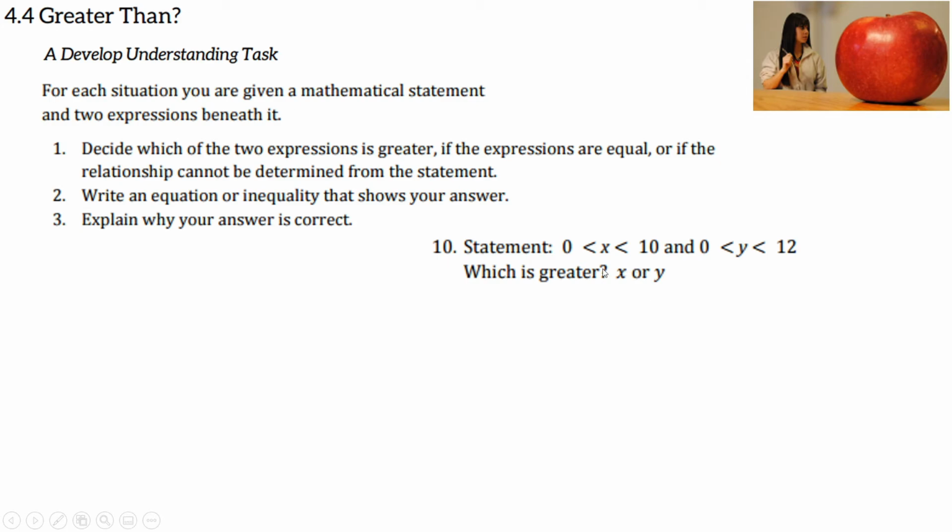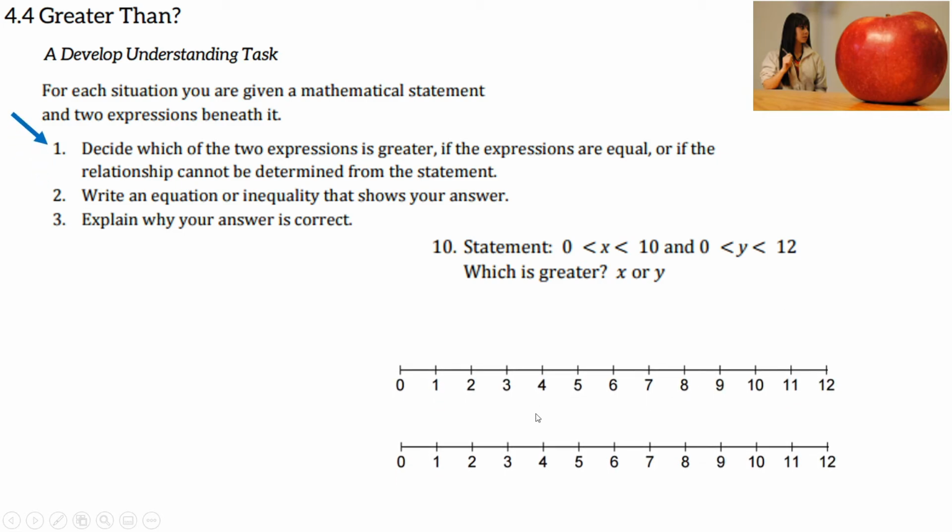Now, it may be easiest to see this if we graph both of these. So, I have two number lines right here. Now, if x is between 0 and 10, here's what I do. Open dot at 0 because x cannot equal 0, and open dot over here at 10 because x cannot equal 10.